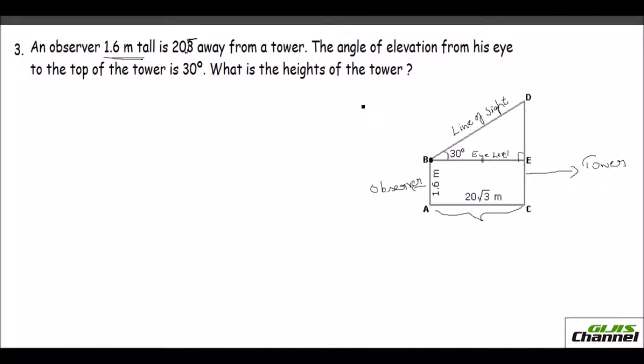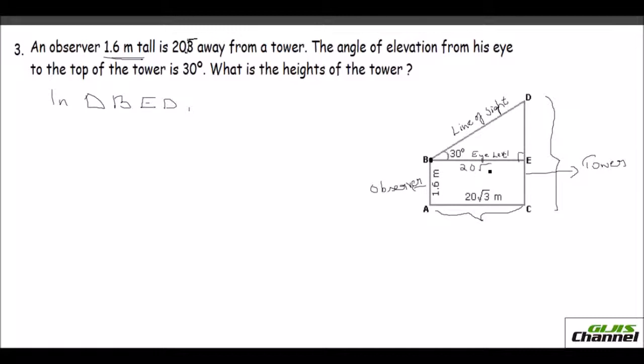Now they ask you the height of the tower. Height of the tower is DC, that is from here to here. This is the height of the tower. So, using the right triangle BED, you know one measure, that is the base, because at the bottom it is a rectangle, so BE and AC are going to be the same.